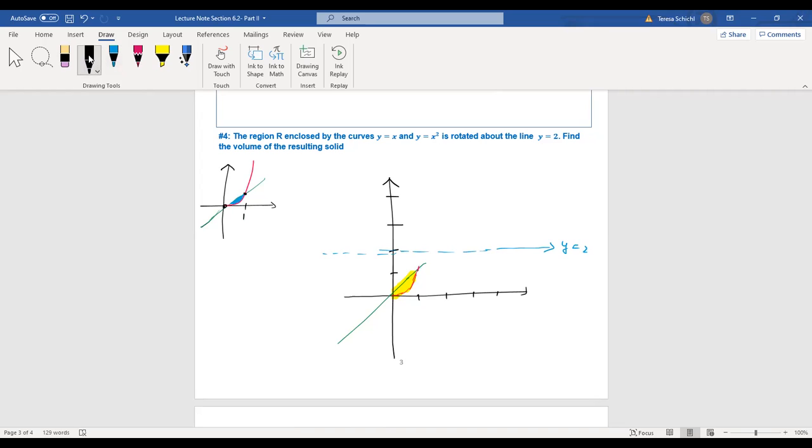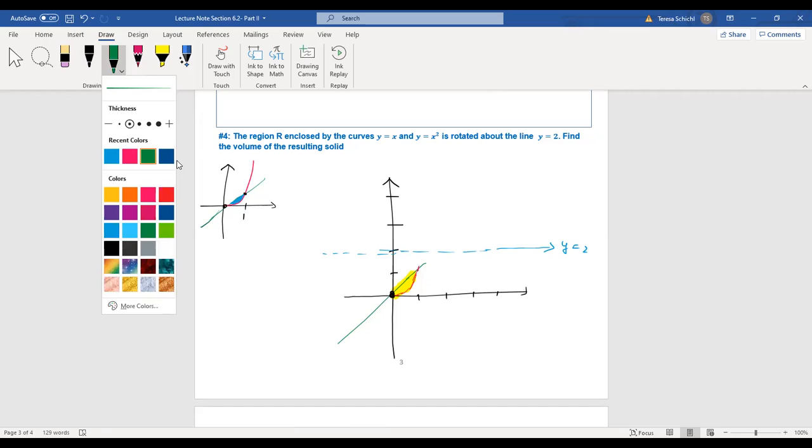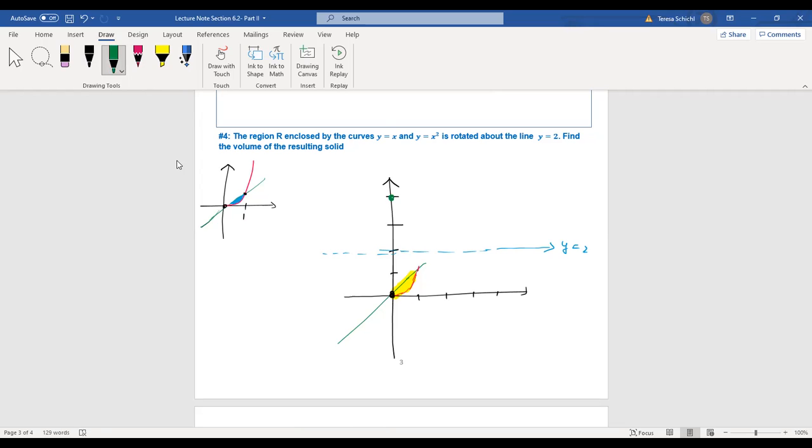Let's do a graph and then we know which one to subtract from which. This intersection point is 2 units away from my new rotating line, so this one is going to rotate into here.